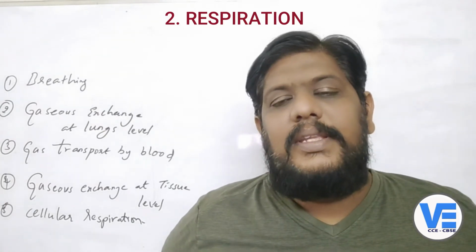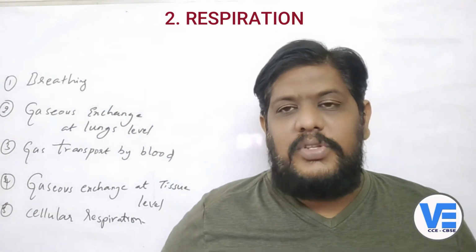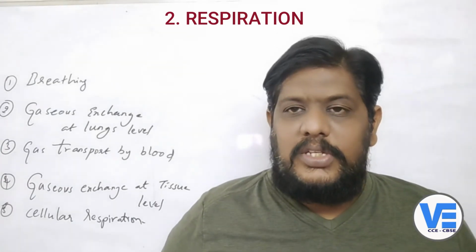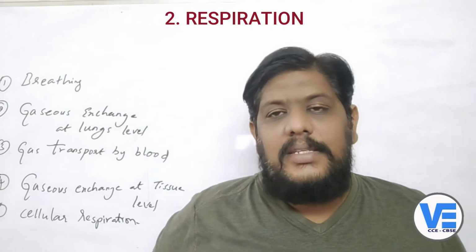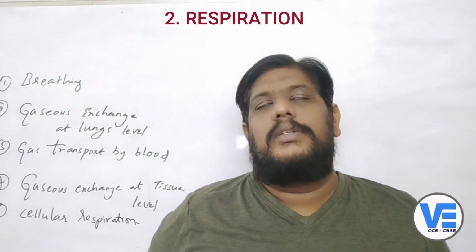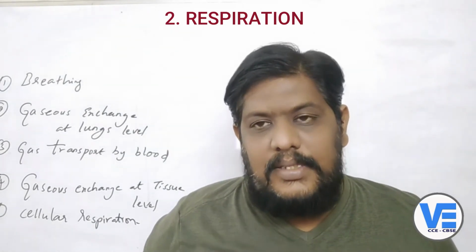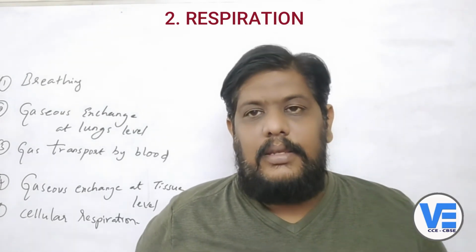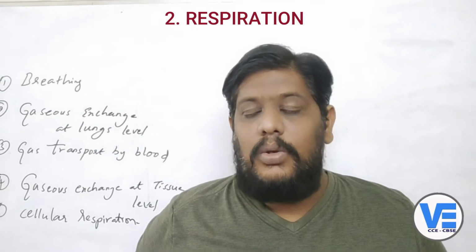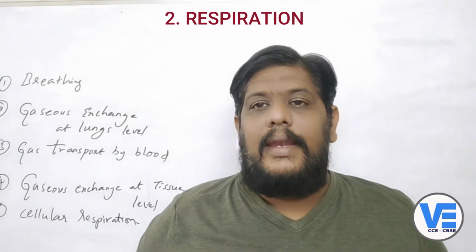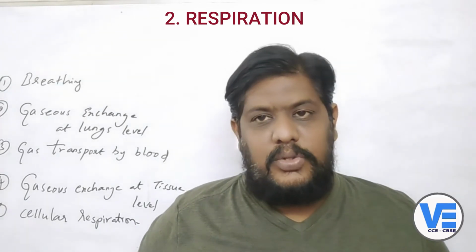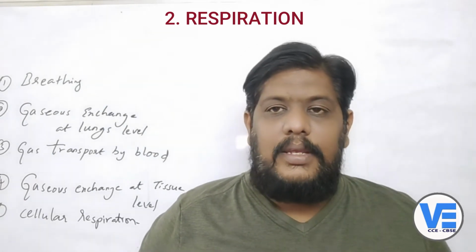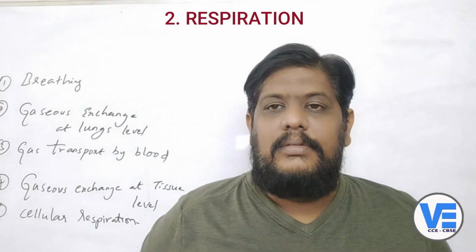Now the oxygen which you breathe goes into the tissues, isn't it? So this is gaseous exchange at tissue level. The gases taken by the blood go to the different tissues and are utilized by the tissues, and the carbon dioxide which is produced will be taken back by the blood.